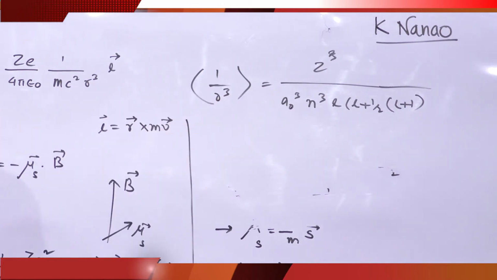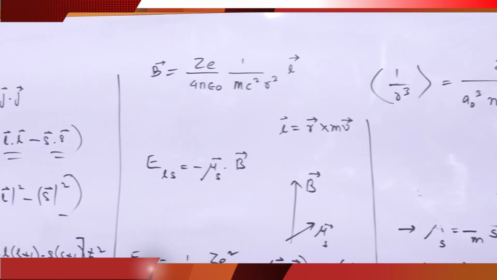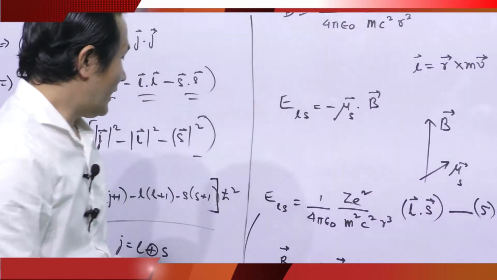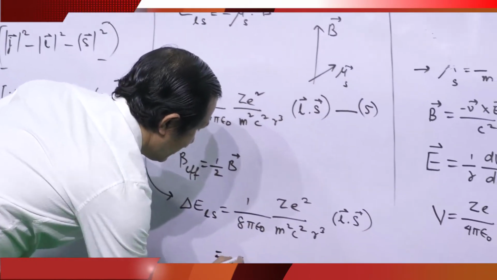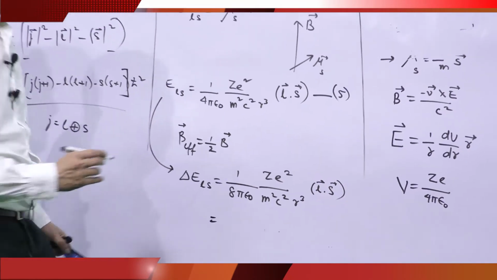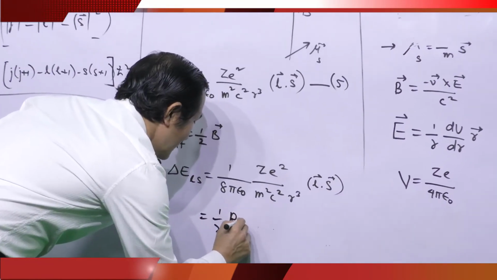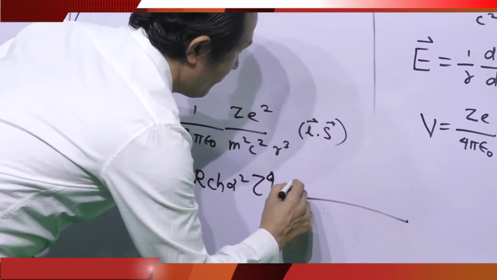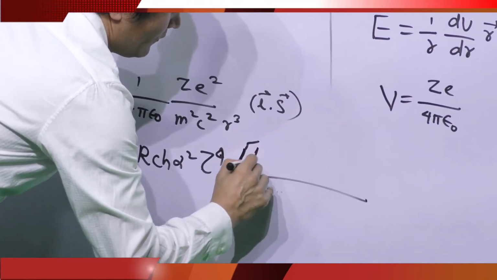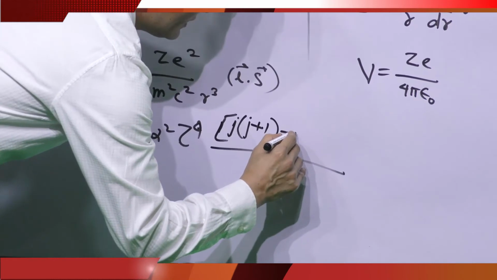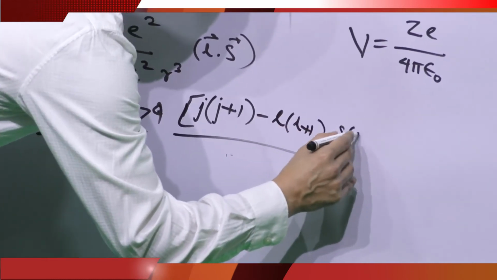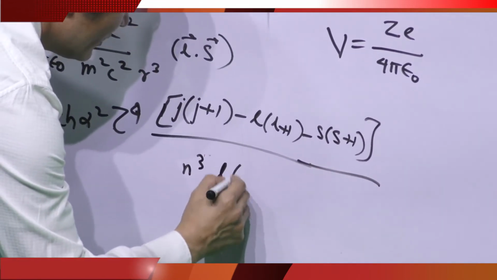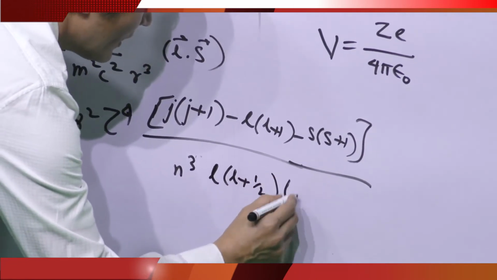Now putting these values and this value of L vector dot S vector, the final expression for energy is of the form which I put in this short way, that is 1 by 2 times R c s alpha square Z power 4 into J into J plus 1 minus L into L plus 1 minus S into S plus 1 divided by n cube L into L plus half, L plus 1.